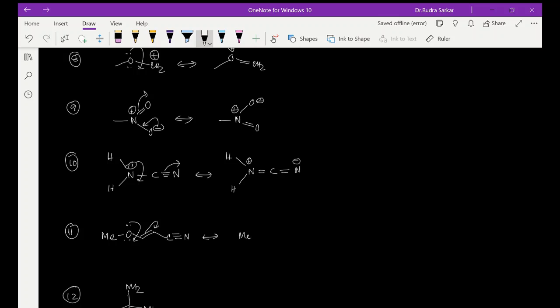So this is MeO plus. The negative charge is over here, and this is the C triple bond N. Again, the negative charge moves towards the pi bond, and hence we will be getting the following resonating structures.